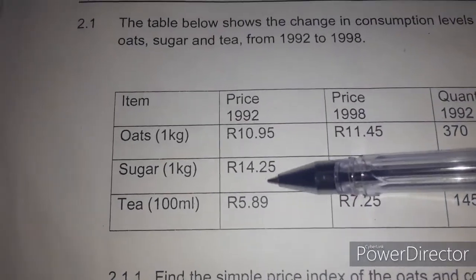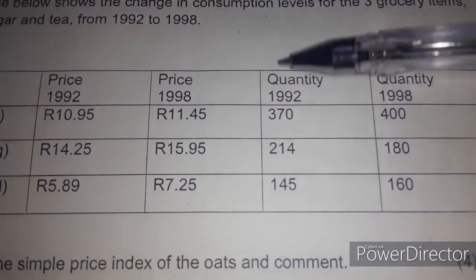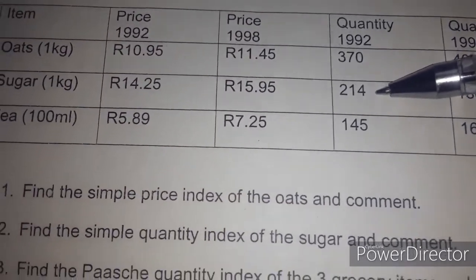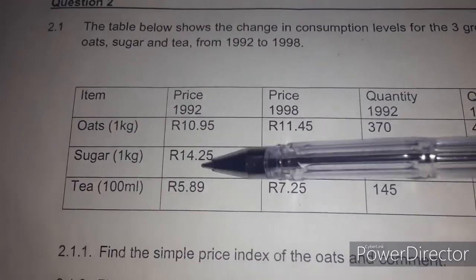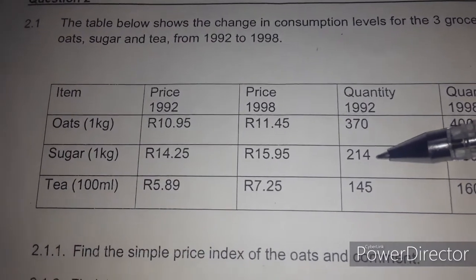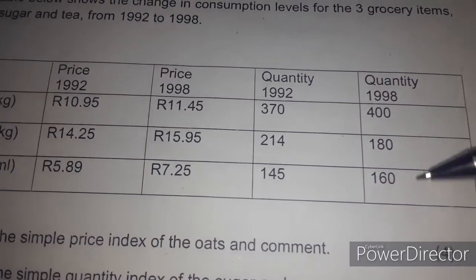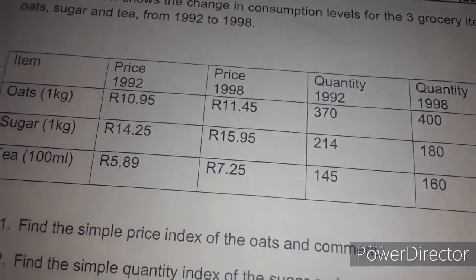And then go to the second one. It's 14.25 times 180. No, we're using the base quantity, so it's 14.25 times 214. This is the base quantity, not this one.